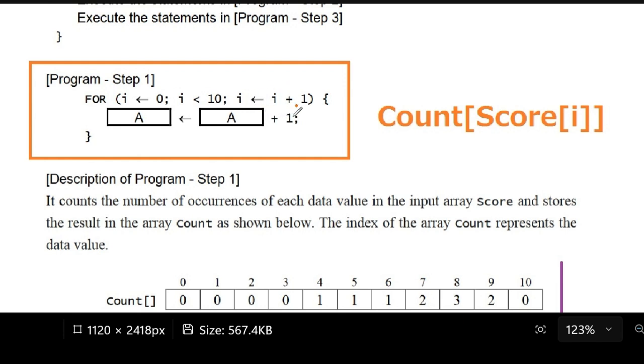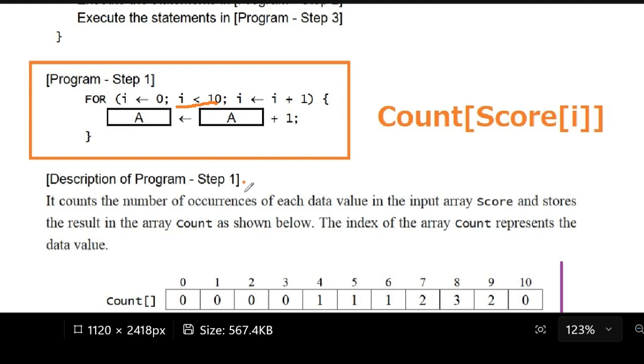We do this until we reach the result where we don't satisfy the condition anymore. For example, the value of I becomes 10. So we do this from 0 to 9. And we need to know what would be the correct code to put for the blanks A here and A there.